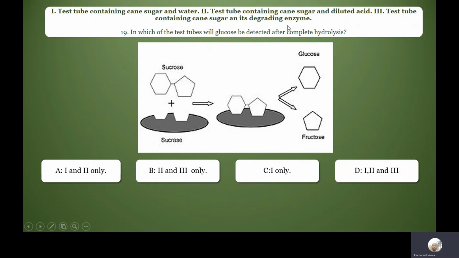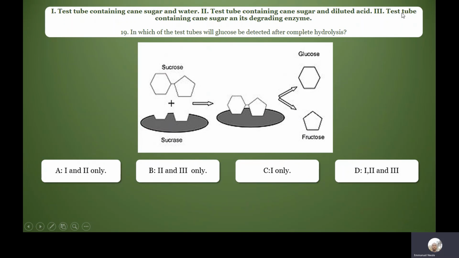Option B, 2 and 3, because the sucrose will be degraded by the acid and can also be degraded by the enzyme. Of course, you know, the enzyme sucrase breaks down sucrose to give you glucose and fructose.